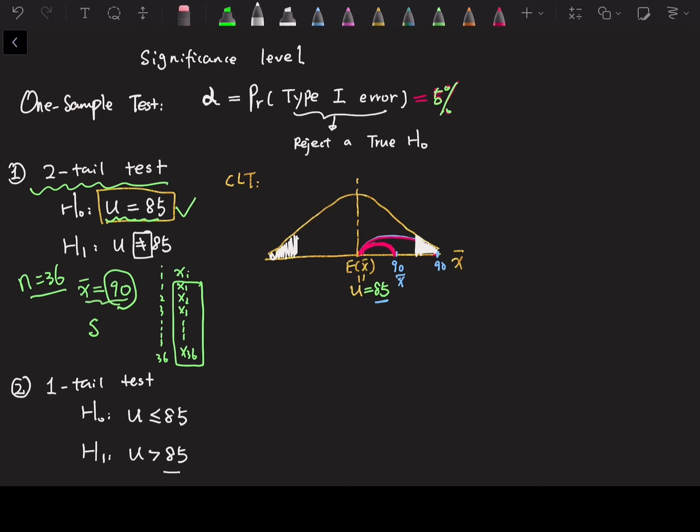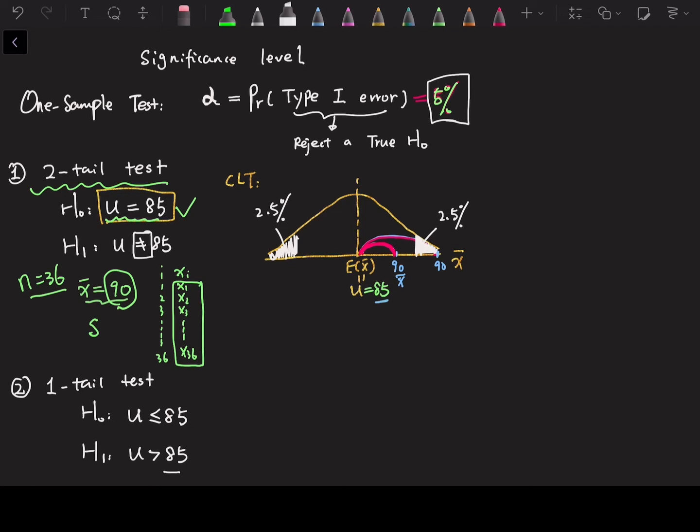The 5% significance level is evenly distributed on the two tails, so this area is 2.5% and this area is 2.5%. This gives the condition under which the difference between the sample mean and hypothesized population mean is statistically significant.